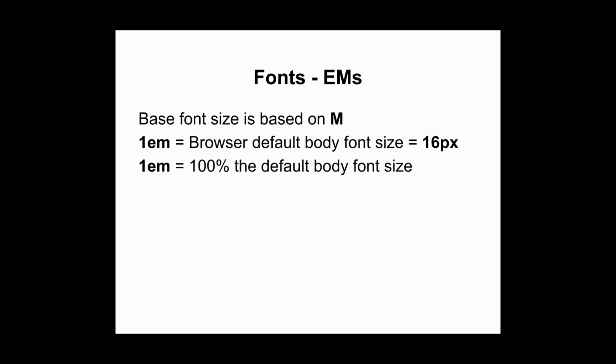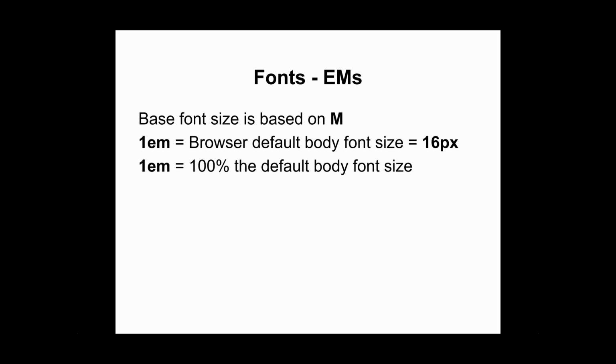But then there are EMs, and EMs are a relative font size that is widely used and widely supported by browsers, and their base font size is based on the capital M. So the default font size of a website, before you apply any type of styles, the browser base font size will be about 16 pixels.